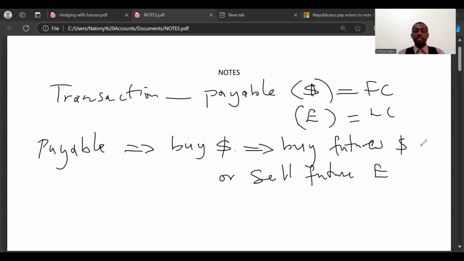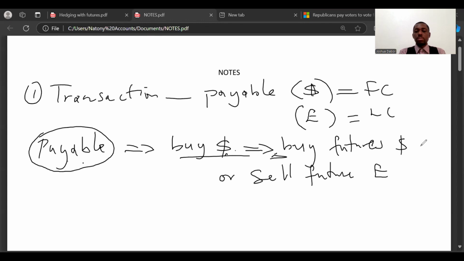So a recap again. You look at the transaction to make your decision whether you are buying or selling. I said either I use the transaction or the exposure, but I'm on the transaction. If it is a payable, the company will need to buy the foreign currency eventually to make the payments.